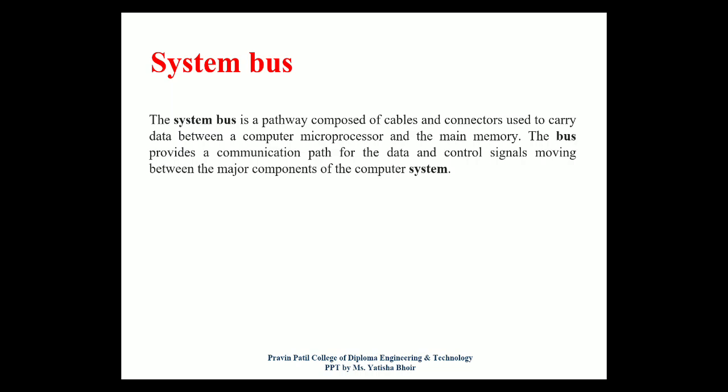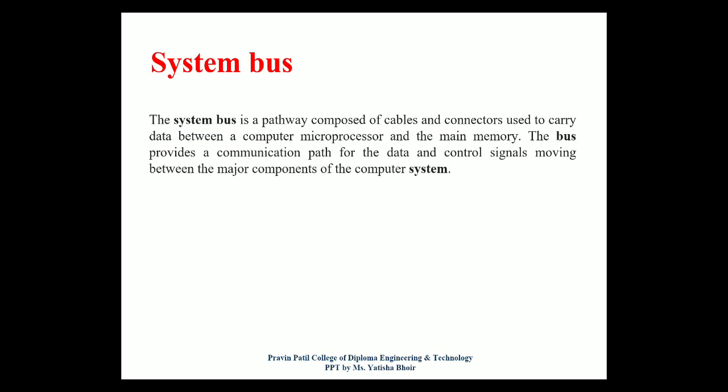System bus. So what is system bus? The system bus is a pathway composed of cables and connectors used to carry data between a computer microprocessor and the main memory. Means what? System bus is in the computer, okay? Now, why is system bus used?